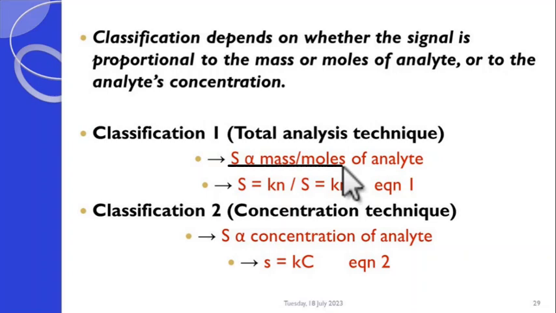Now, if we want to do away with the proportional sign, it means we'd have to introduce a constant, and in this case, K. So the equation then becomes S is equal to Kn, which is the n representing number of moles, or S is equal to Km, where m is mass. For the concentration technique, S is equal to Kc, that is equation 2.